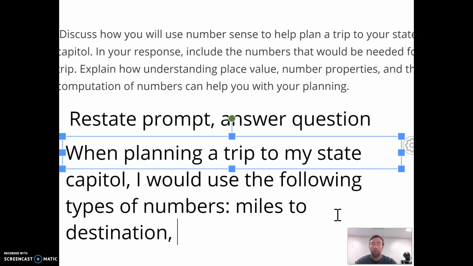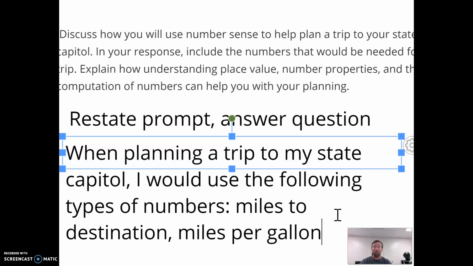I want you to think some on your own. So miles to destination. I also care about how far my car is going to be able to go. So miles per gallon on my car, like how many times am I going to have to stop for gas? Stuff like that. Those are a couple of the things that we could care about.